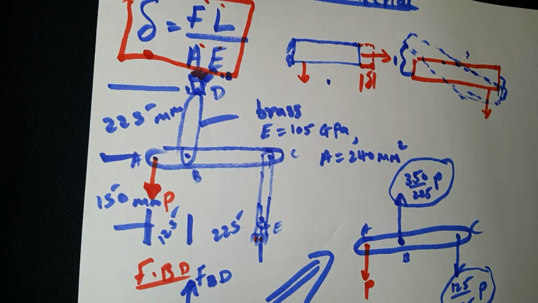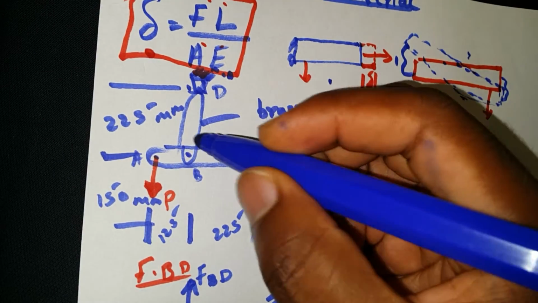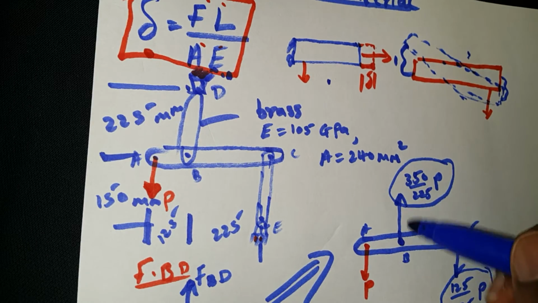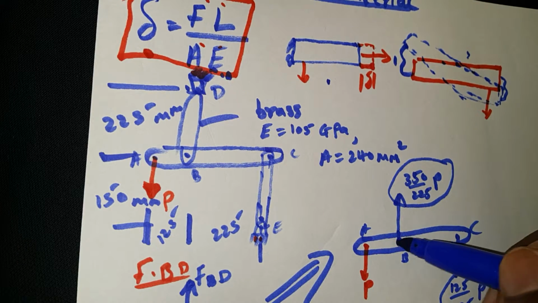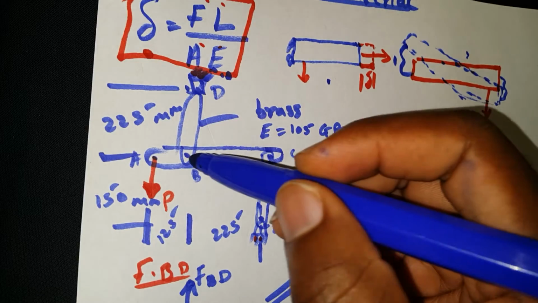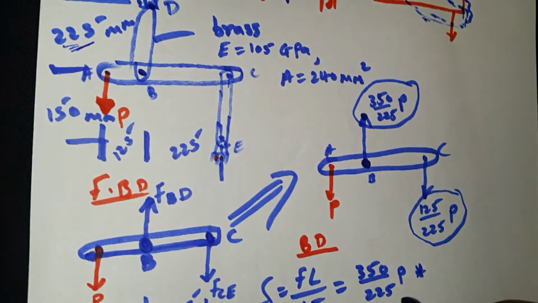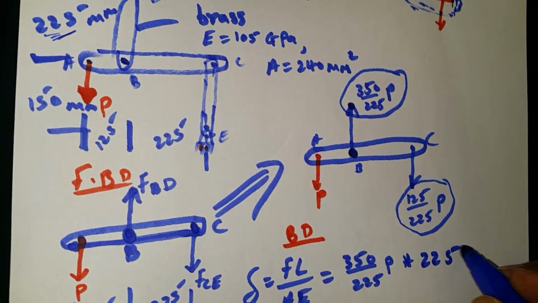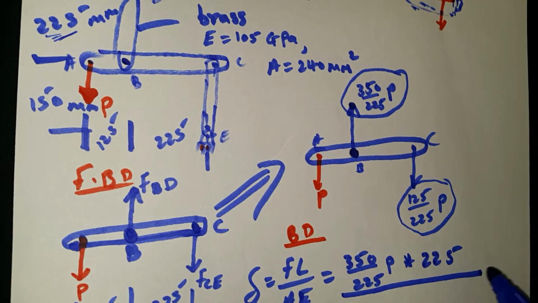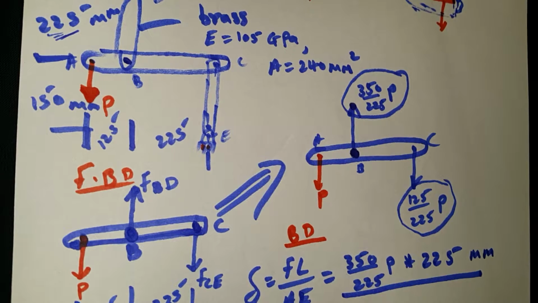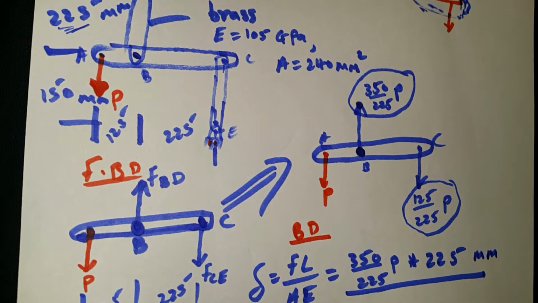If you are more confused here, just say we are solving for F. This is the force. So the length from here to here is 225, multiplied by 225, all over area.